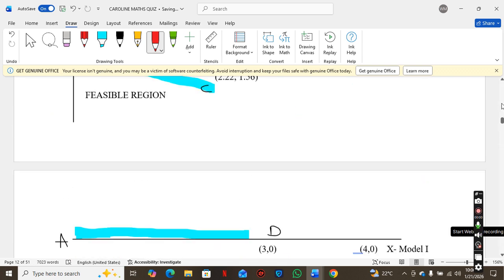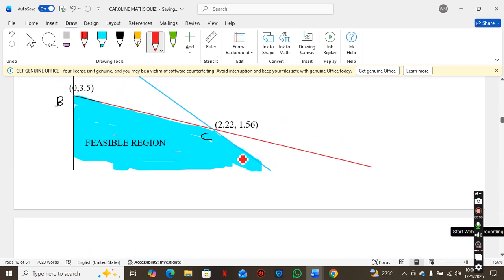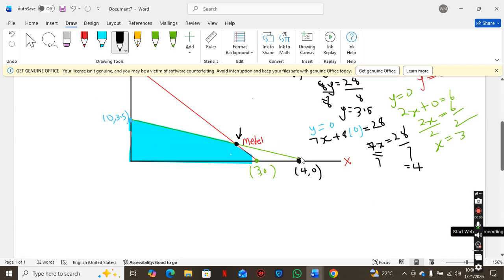So this intersection here, where these two lines intersect, x is 2.22 and y is 1.56. Any questions before we go to the next part?